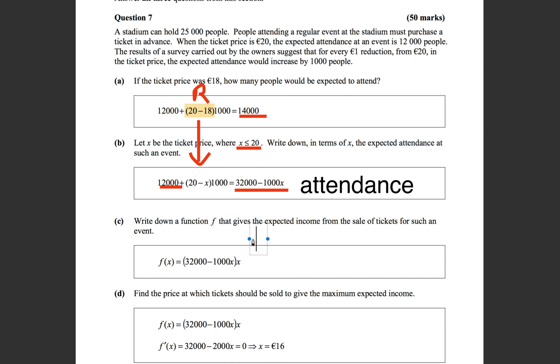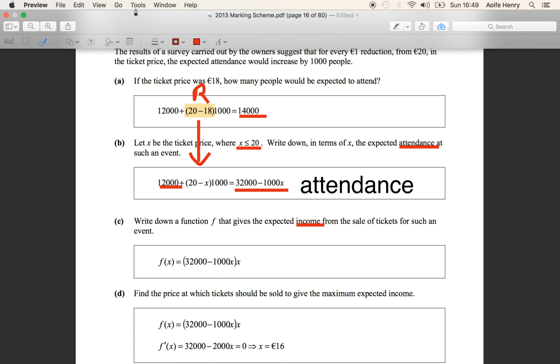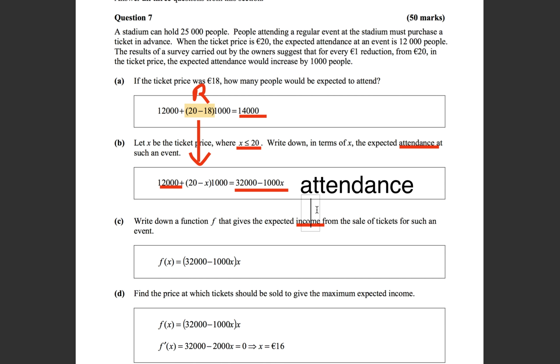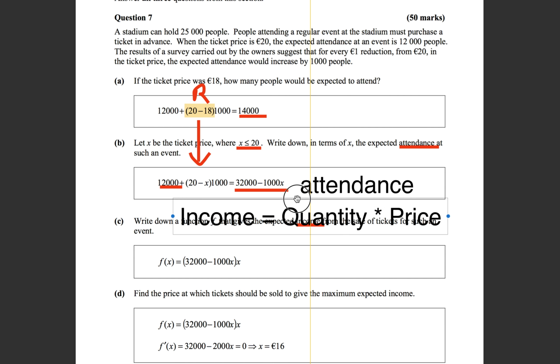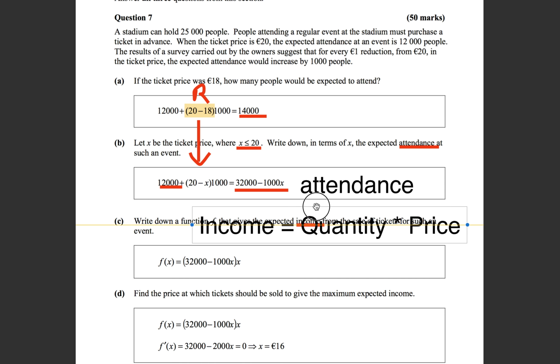Now, let's look here. Write down a function f that gives the expected income from the sale of tickets. So first this was attendance. Now we're looking for income. How would you get income? Well, income with any business is going to be quantity times price, for anything, selling a product or a service.